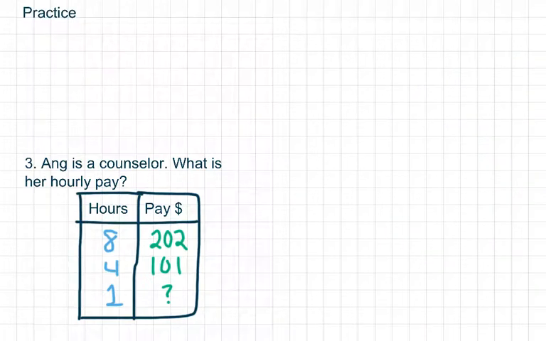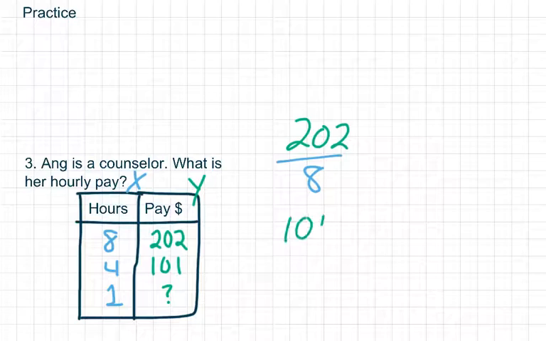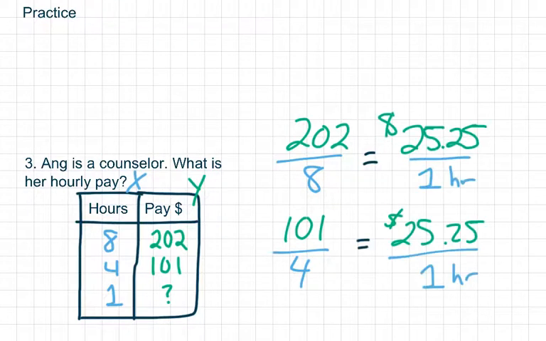Lastly, my sister, Angela. Remember, we're always dividing our y divided by x. So my x values here are blue. My y values are green. So I can take either the 202 divided by 8, or I could take the 101 divided by 4. Either way, I should get the same answer.